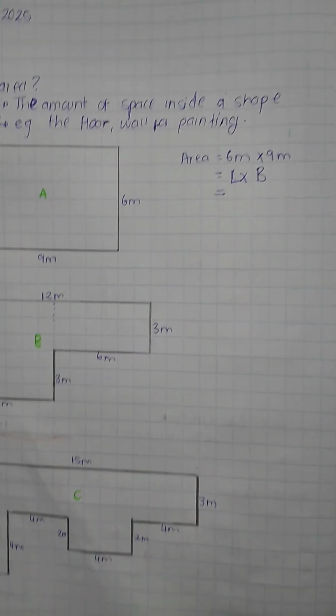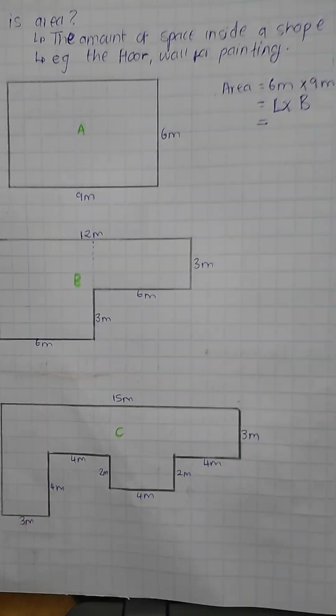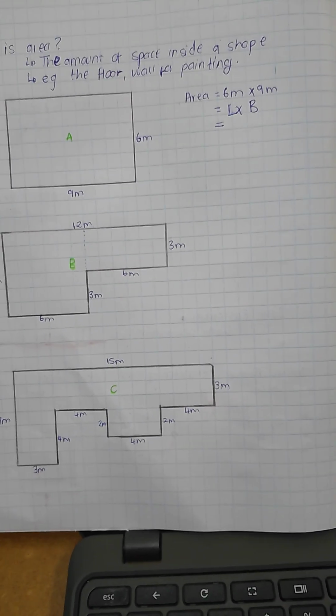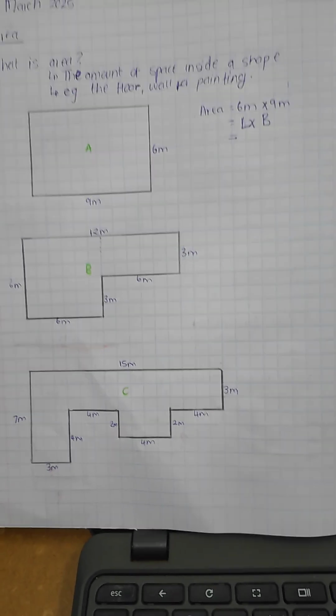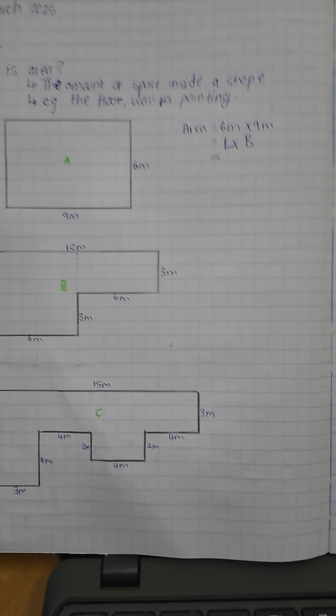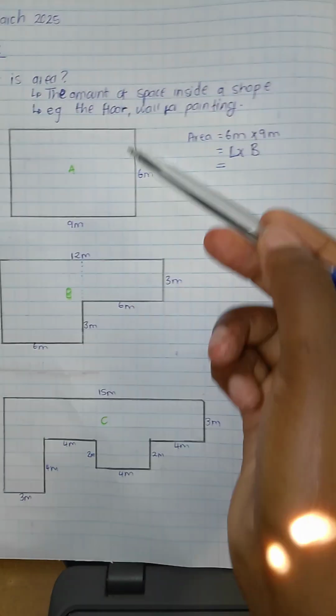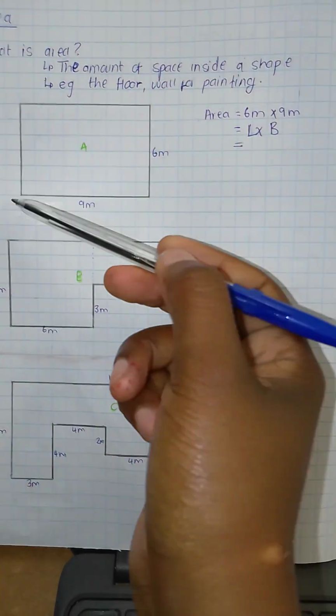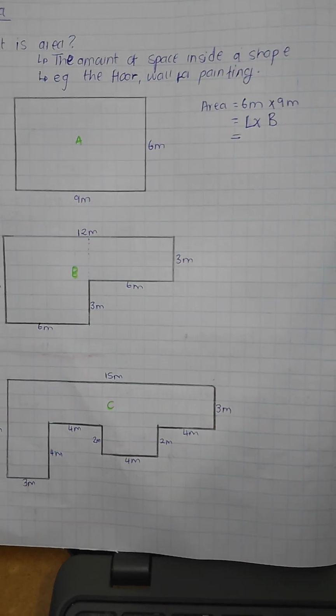So when you measure area, you measure your length times breadth, and remember, with area you multiply two sides. So you're going to say length times breadth. So here we're going to say 6 times 9, and then you're going to write your answer there.